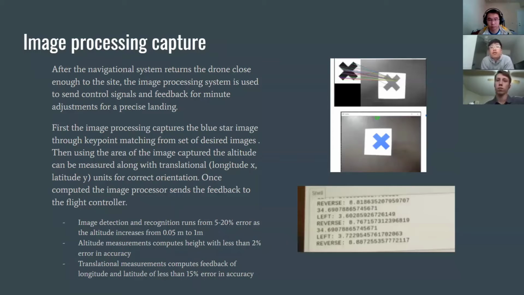Then, using the area of the image captured, it can compute the altitude along with the feedback for translational units like longitude and latitude or the correct orientation. Once computed, the image processor will send feedback to the flight controller.